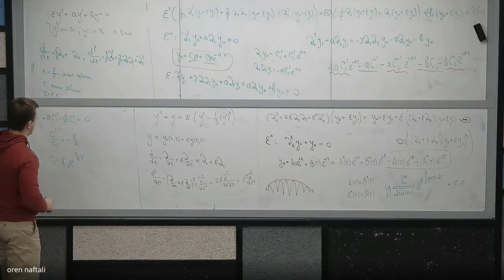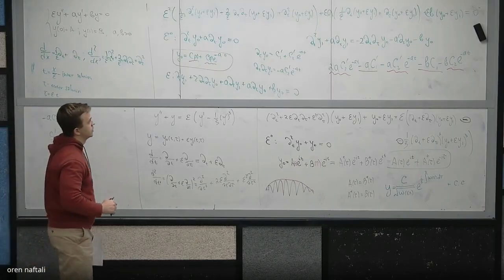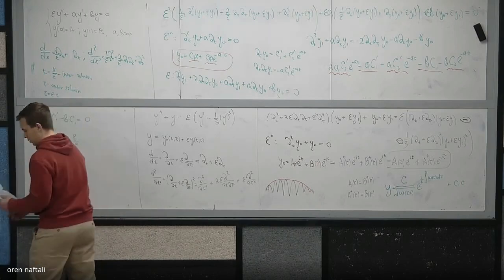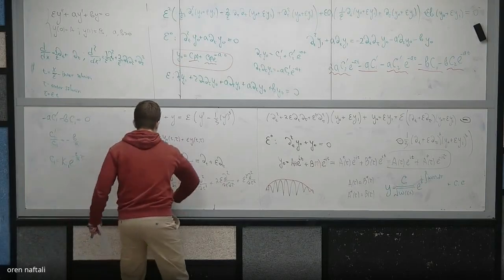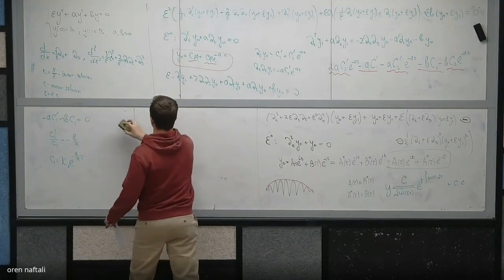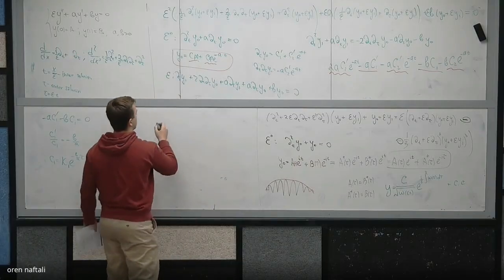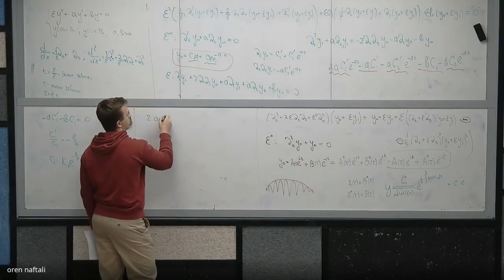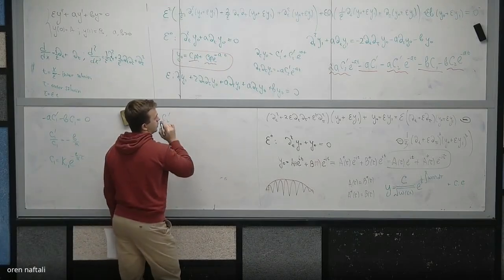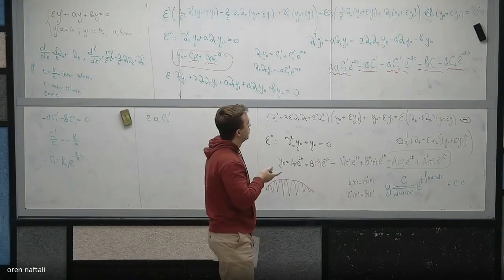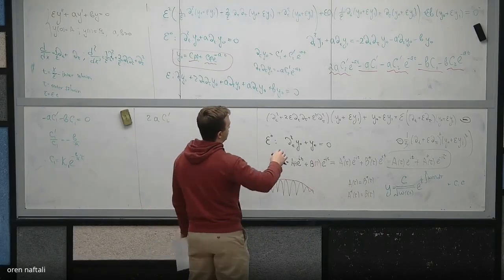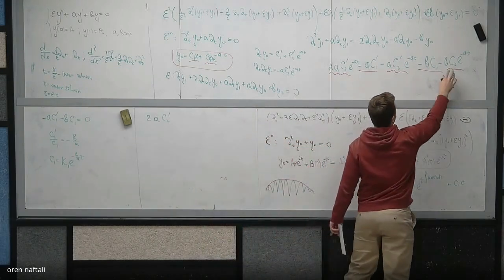Okay. So now for C2. For C2 we have more terms. So for C2, 2AC2 prime minus AC2 prime, the sum of these three should be 0.